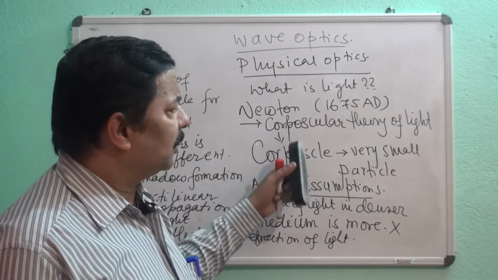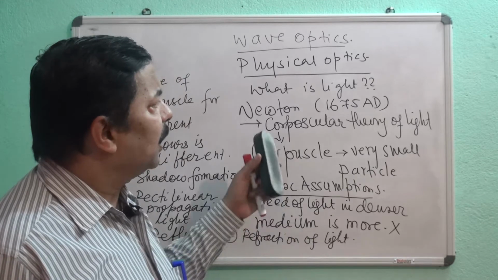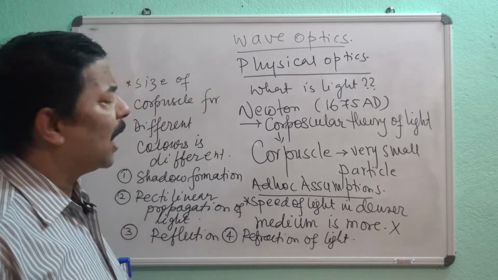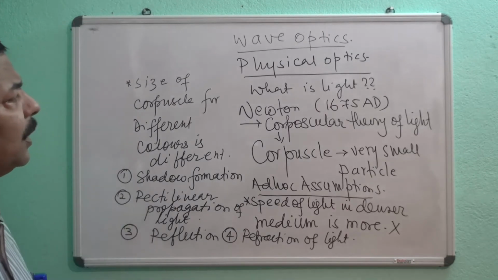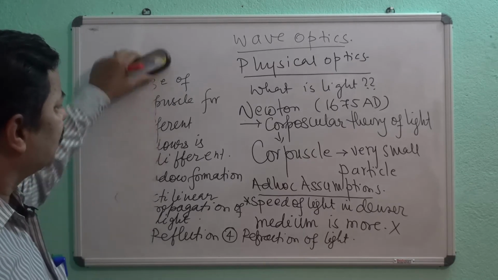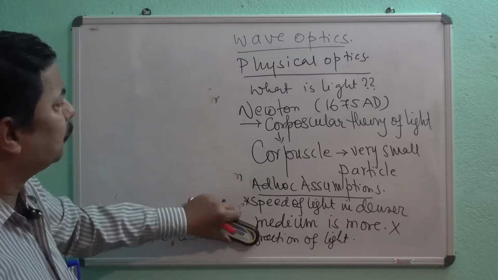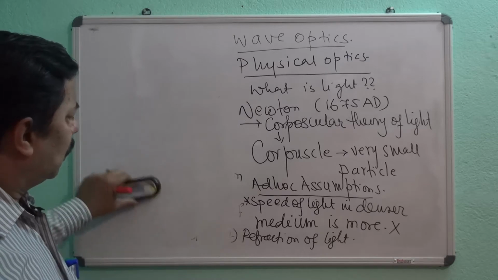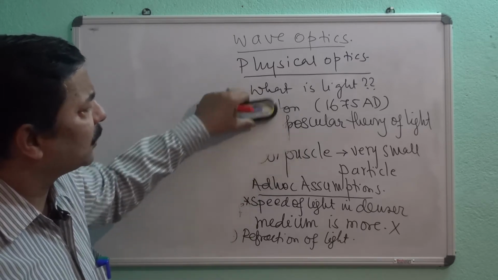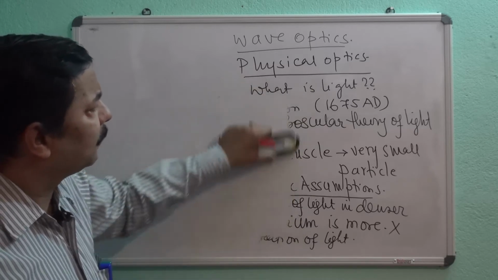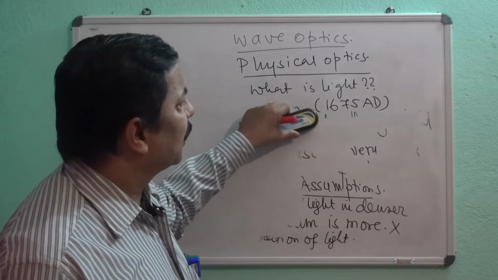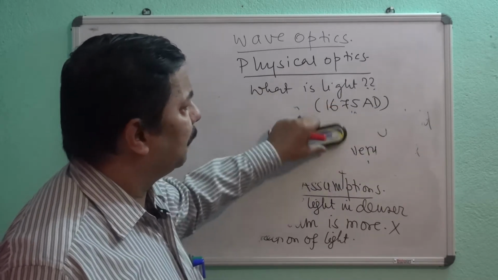When Newton gave this theory, at the same time, there was a young scientist who gave the wave theory of light, and he suggested that light is a wave.